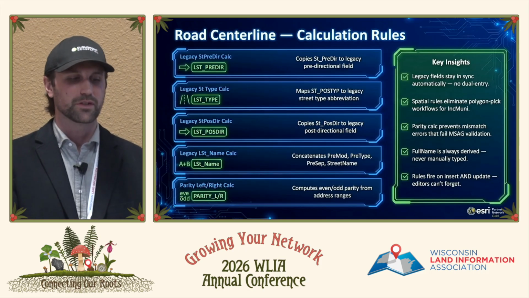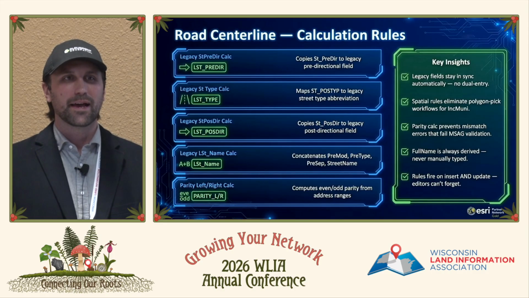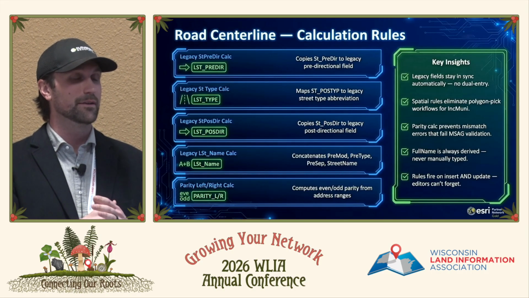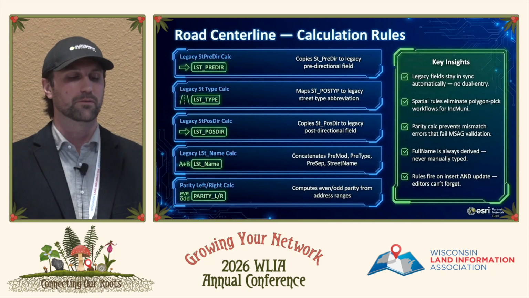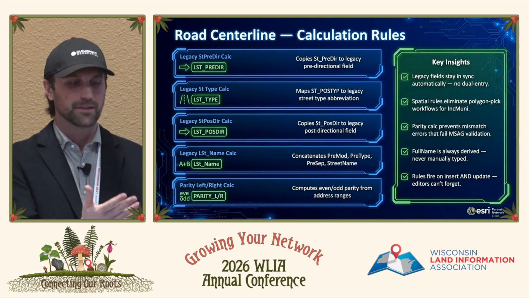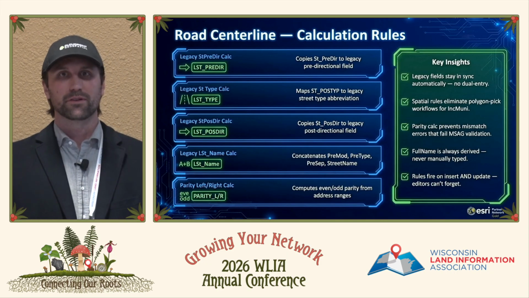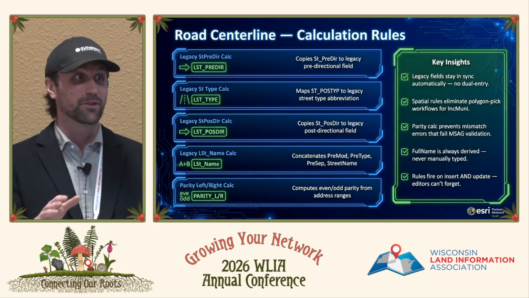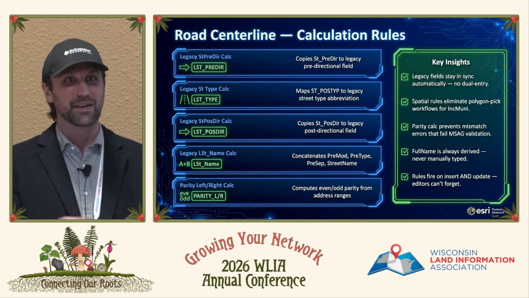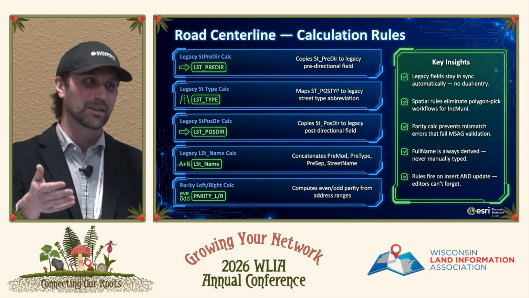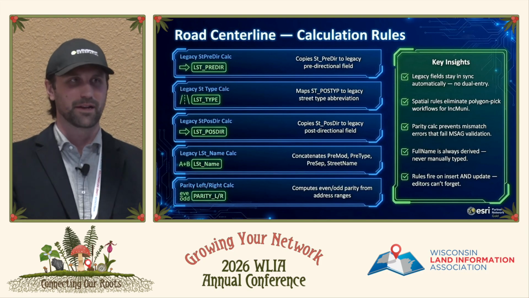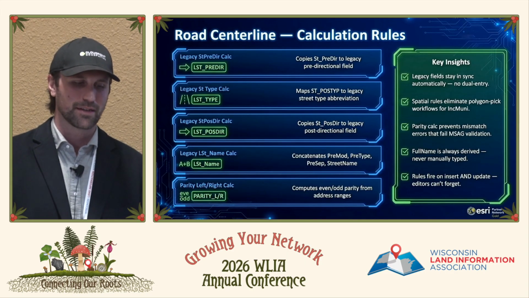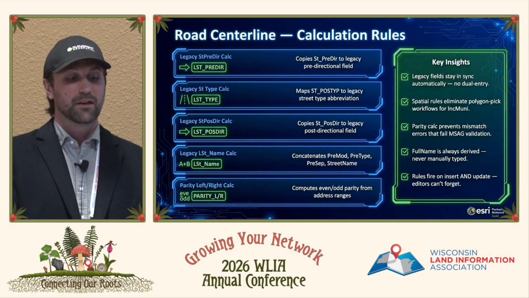Same thing with street type. So you can have domains that help you with your initial data management. If you have a domain for your type value, you can just start typing avenue, type in AV, you'll see avenue pop up, you click that, and then this rule would automatically read that avenue value and populate AVE in your legacy field.